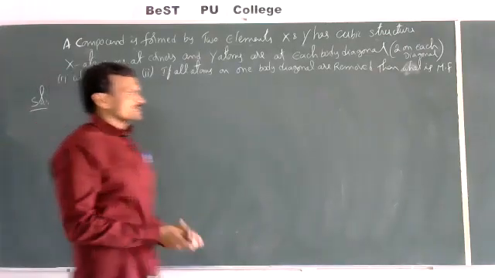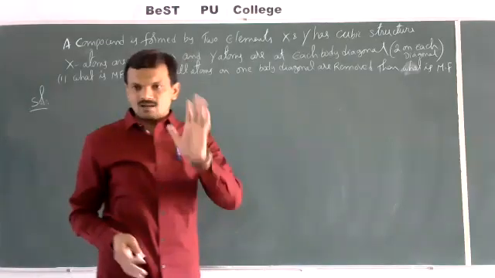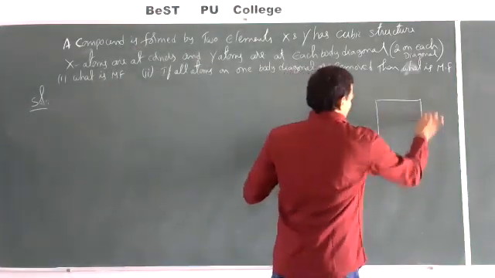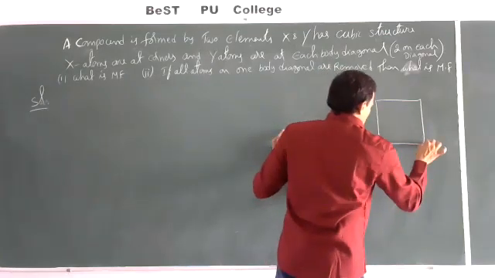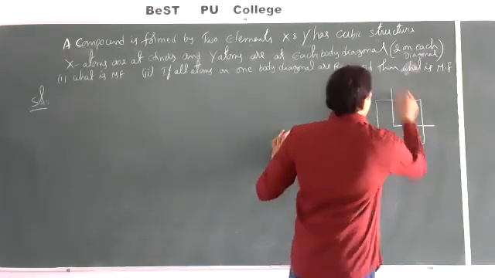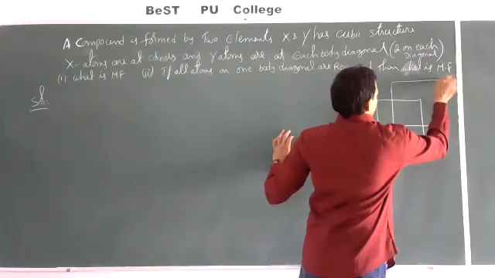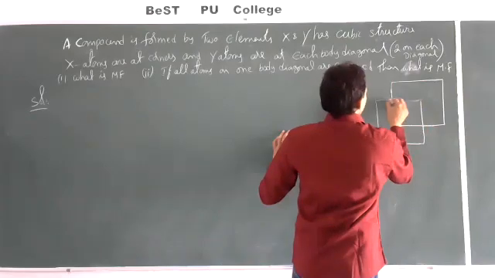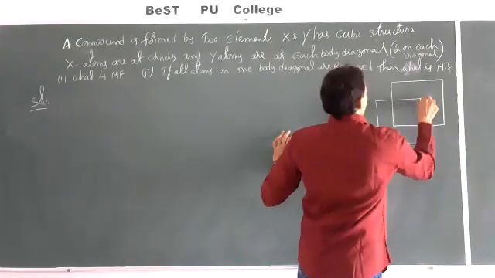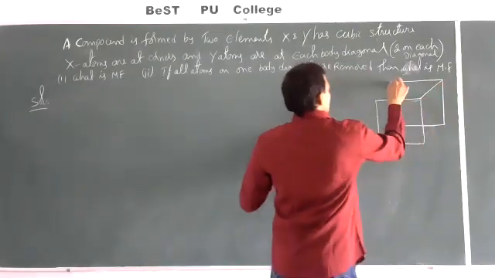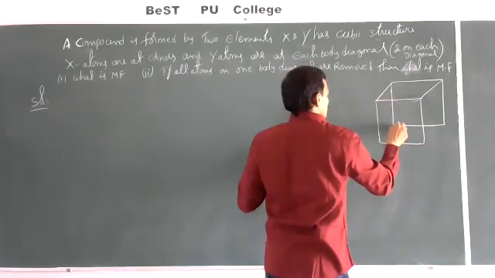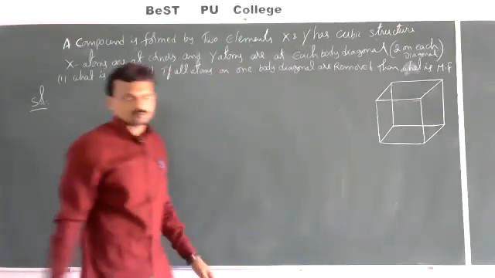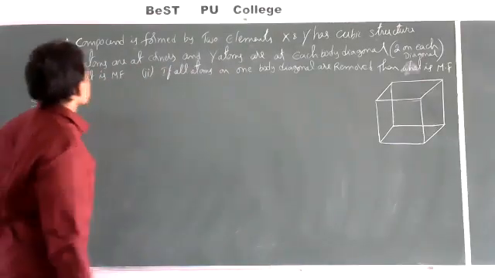See, like this, if they ask any question, just take the diagram first. What is the system here? The given system is a cubic system. So what is the position of atoms of X?